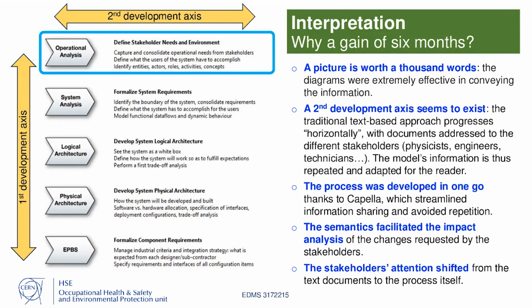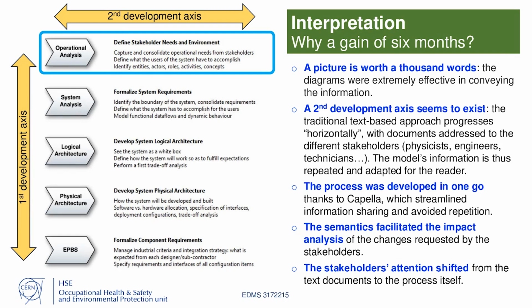And a first, let's say, answer is, of course, as the saying goes, that a picture is worth 1,000 words. So diagrams are extremely effective in conveying the information. However, I do not think that this is all the story. In my opinion, there is also a second point. There is, in a sense, a second development axis that exists.